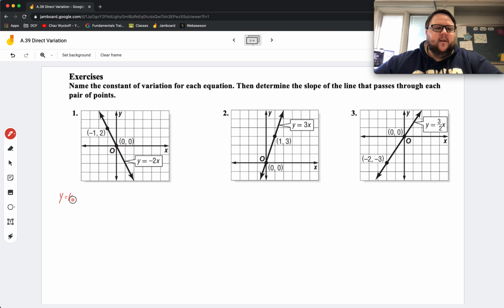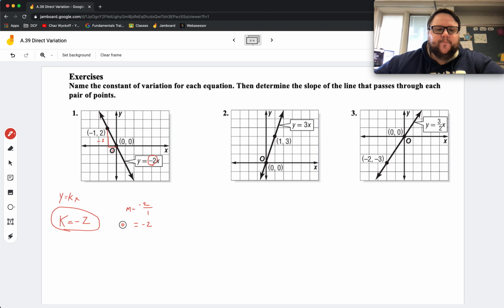Right there we have k equals negative 2. That's my constant of variation. Now I'm going to find my slope. From this point to this point, I go down 2, so that'd be negative 2 over 1. So m equals negative 2 over 1, which equals negative 2. That's all you're doing for these three.